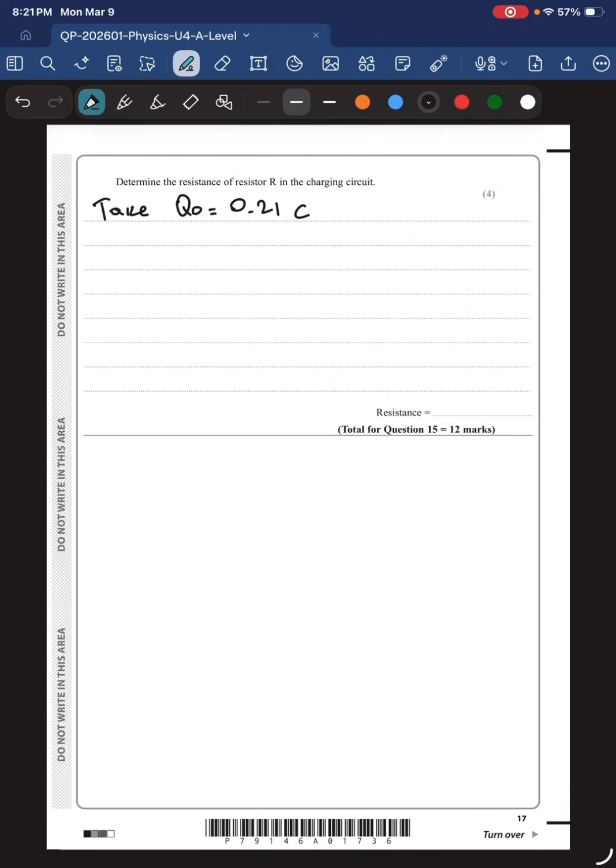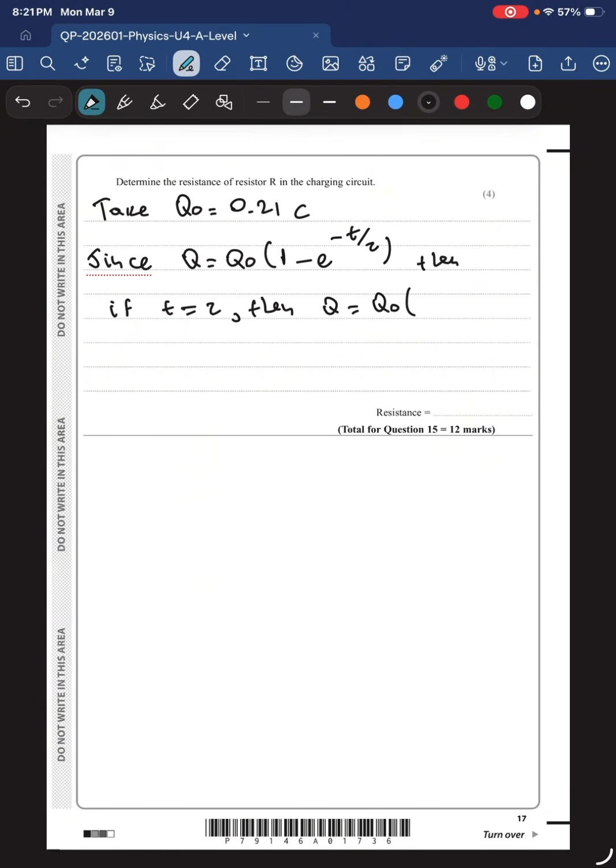Okay, so since Q is Q naught times 1 minus e to the minus t over tau, then if t is equal to tau, then Q is Q naught times 1 minus e to the minus 1, pretty much.